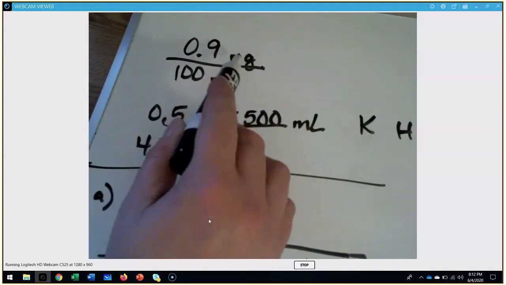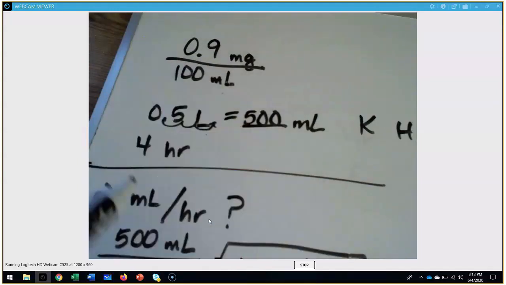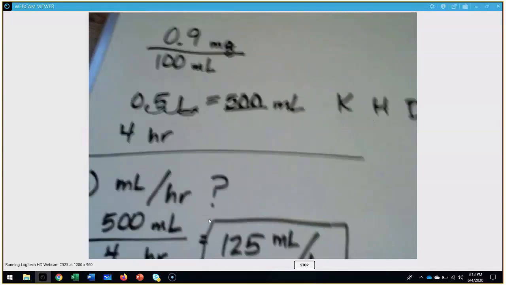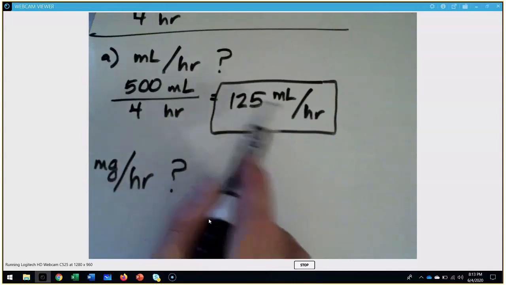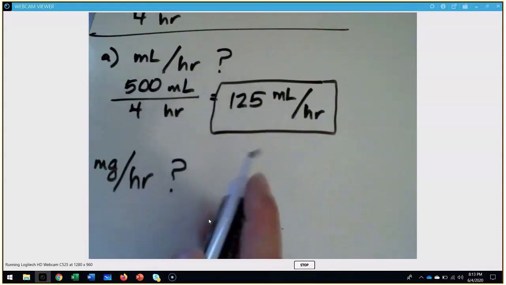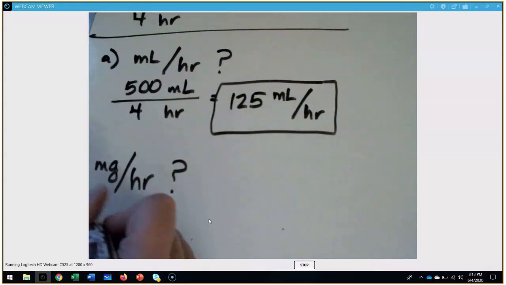This is the only milligram information we know. So we need milligrams isolated per hour, which means we're going to get rid of the milliliters now. The easiest thing to do, since we already know the flow rate, is to just use this and bring the milligrams into it.